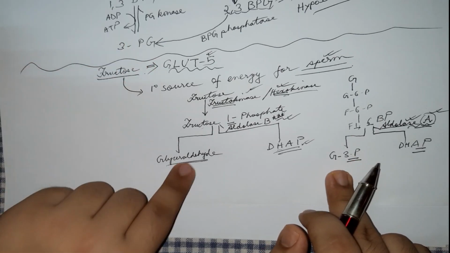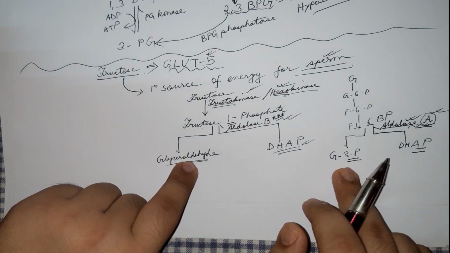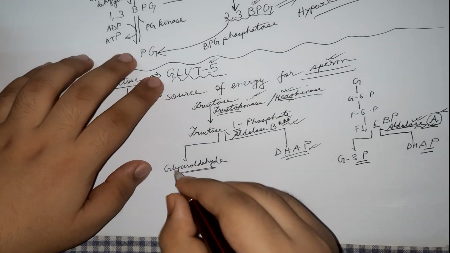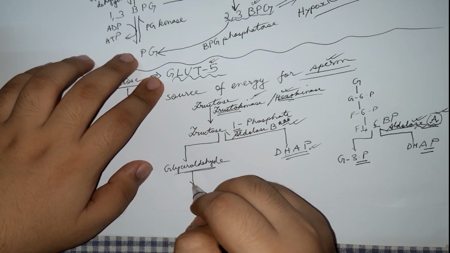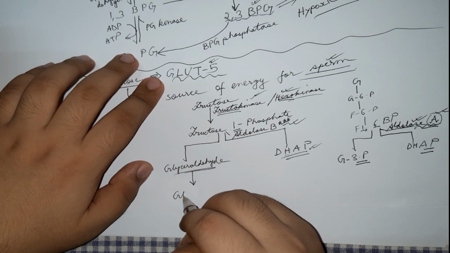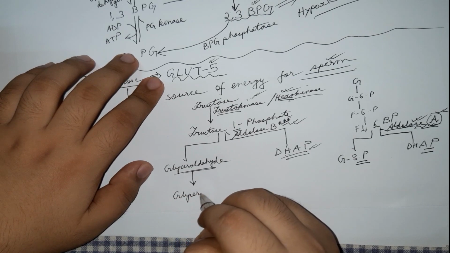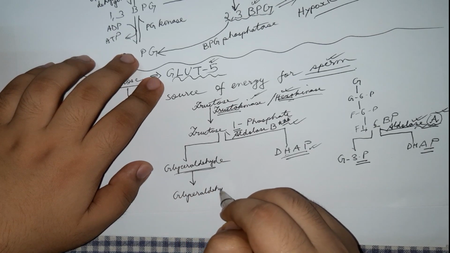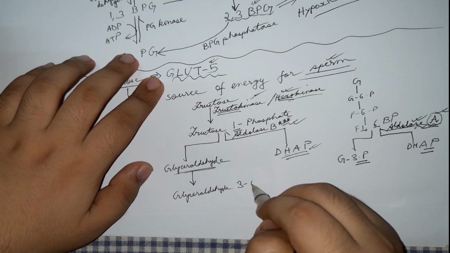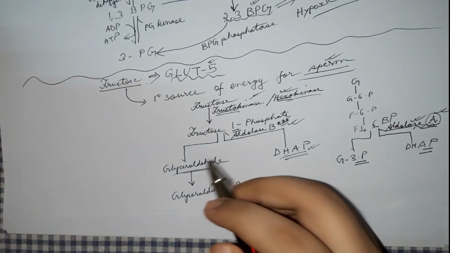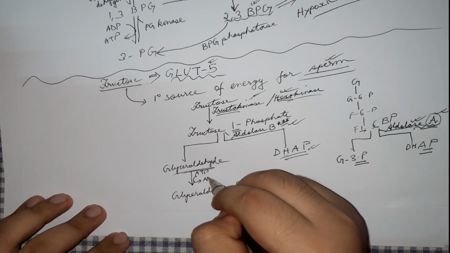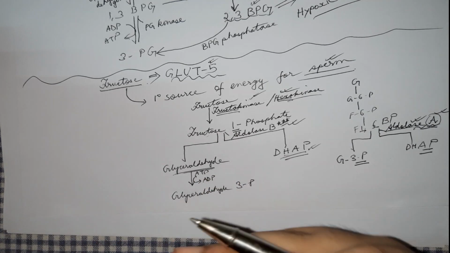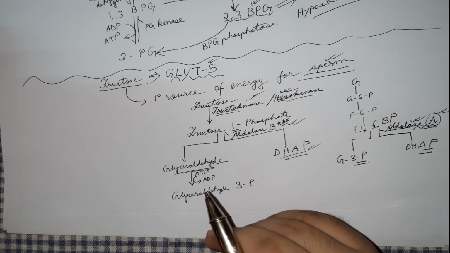So we do need to convert glyceraldehyde into glyceraldehyde 3-phosphate, right? So the next step is pretty self-explanatory. Glyceraldehyde is phosphorylated to form glyceraldehyde 3-phosphate, and obviously an ATP is utilized here as the phosphate donor.